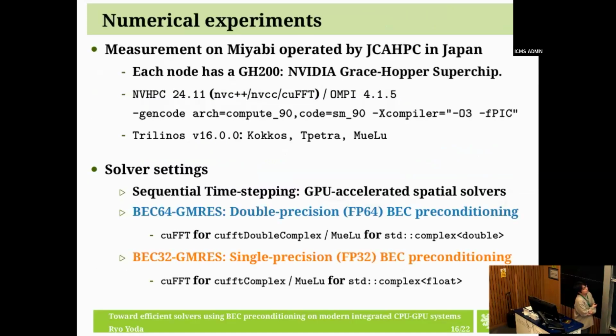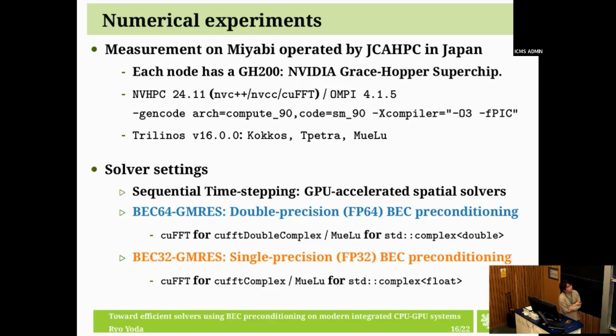In order to evaluate our implementations, we use the Miyabi system operated by JCAHPC in Japan, and this system has Grace Hopper GH200 NVIDIA superchips.